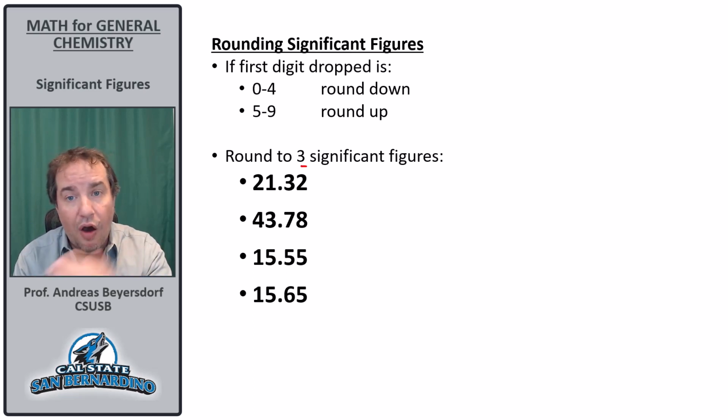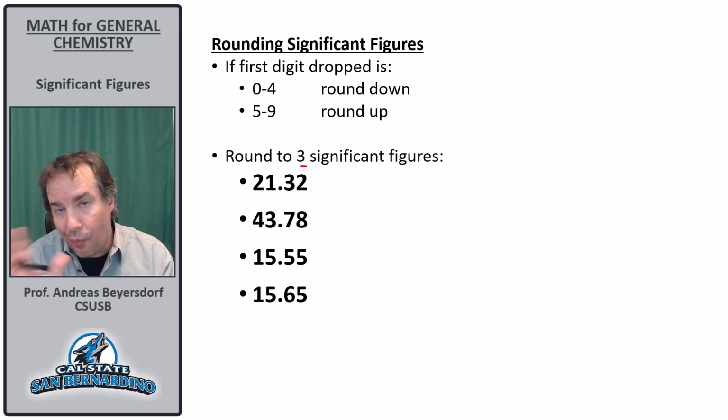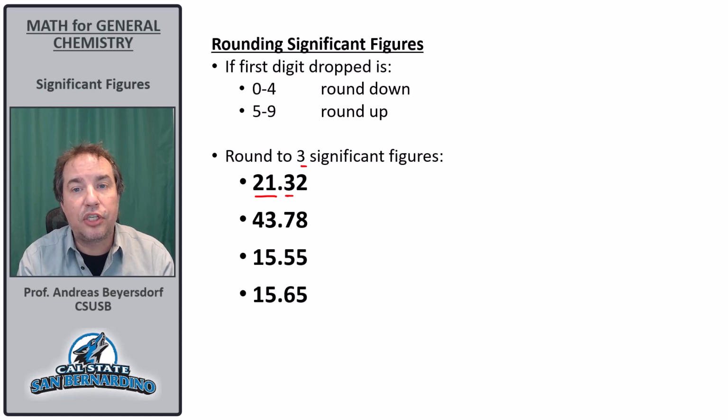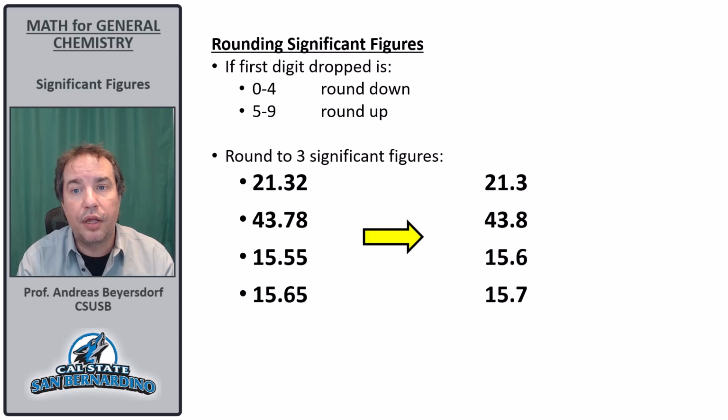Well, they all have 4 sig figs, so we need to get rid of this last one. So 21.32, I'm going to keep the 21 and maybe the 3, but I look at this 2. This 2 is less than 5, so I round down, and this becomes 21.3.